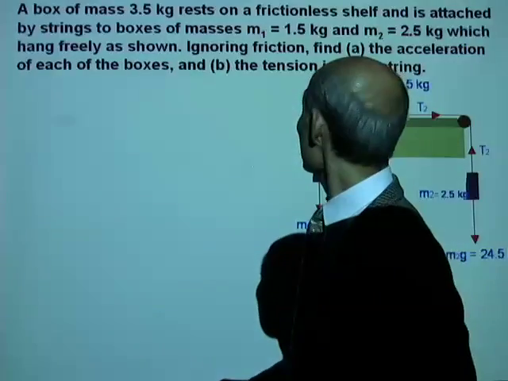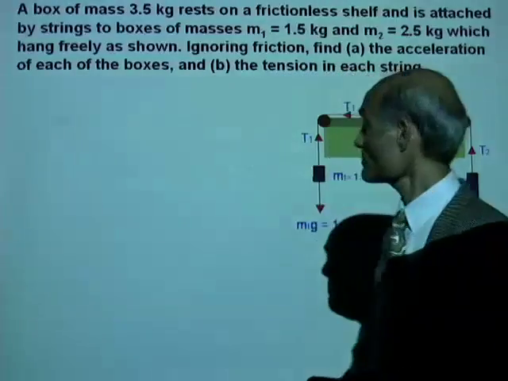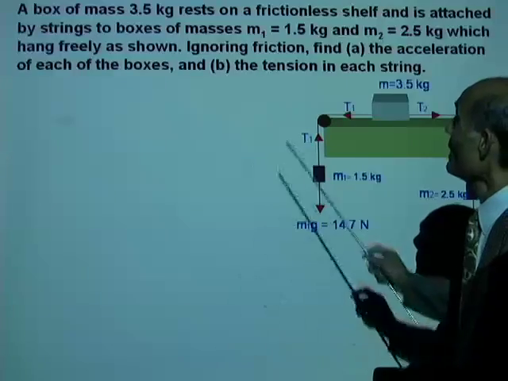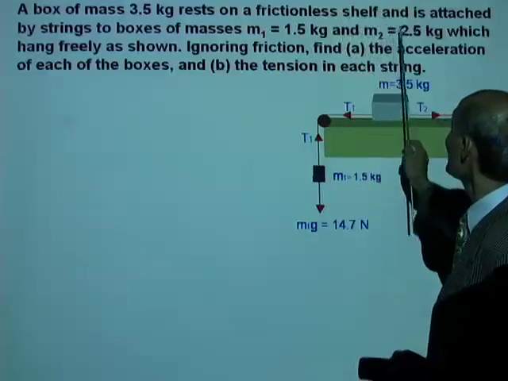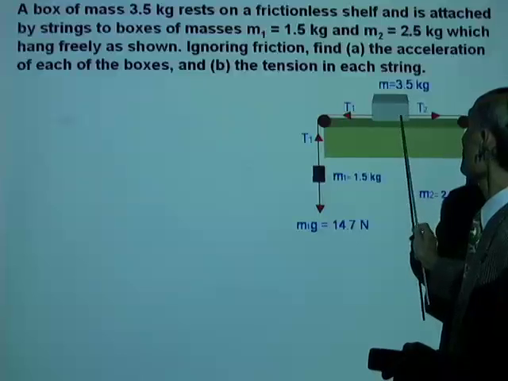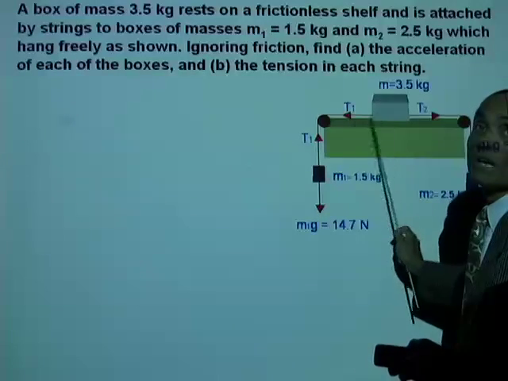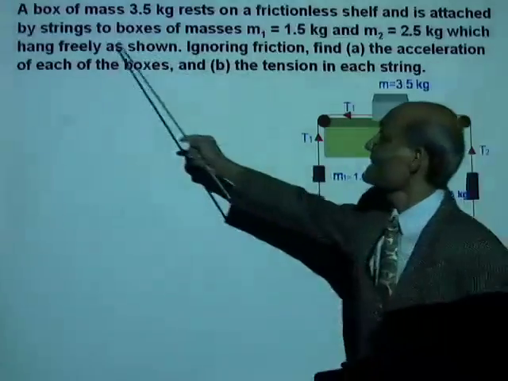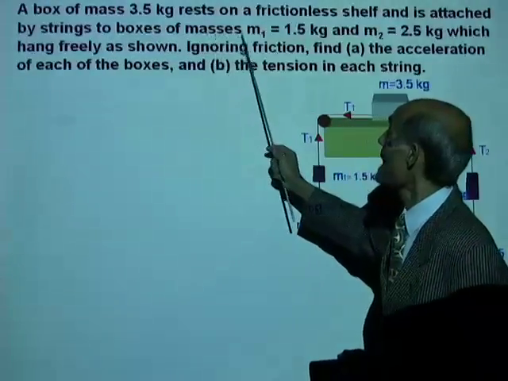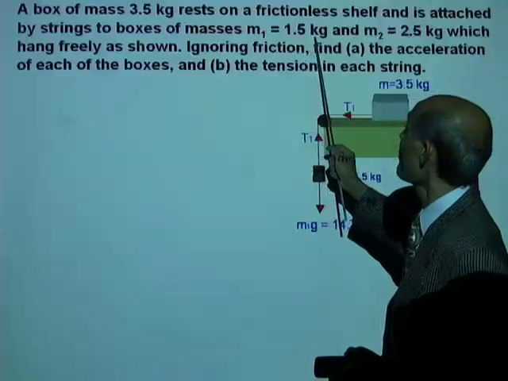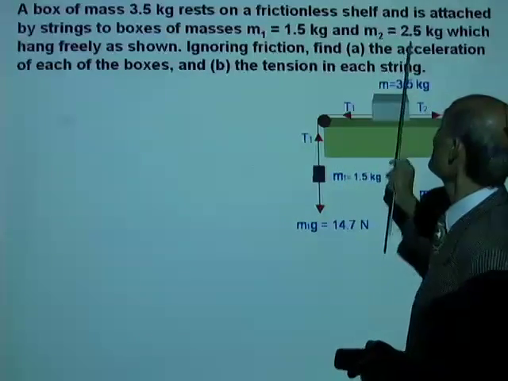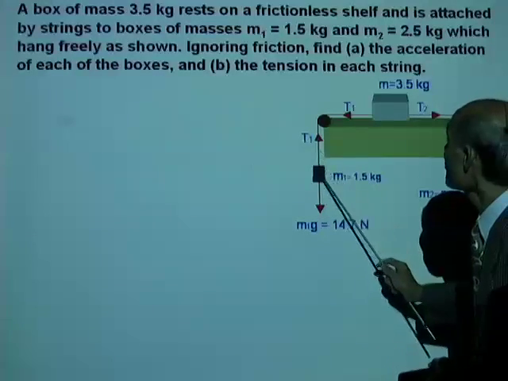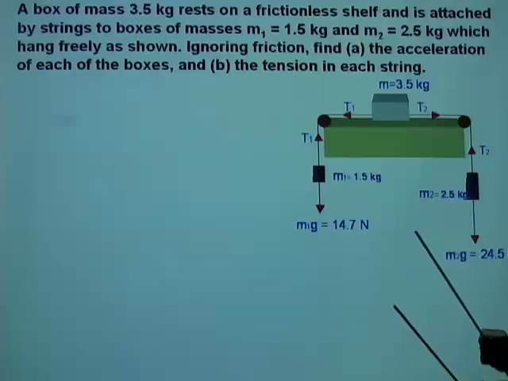Okay, let's look at another problem. A box of mass 3.5 kilogram rests on a frictionless shelf. This is the box of mass 3.5 kilogram resting on a frictionless shelf and is attached by strings to masses M1 equal to 1.5 kilogram and M2 equal to 2.5 kilogram, which hang freely as is shown here.